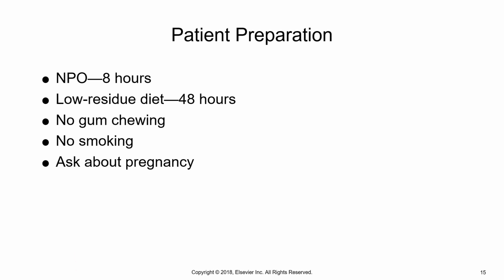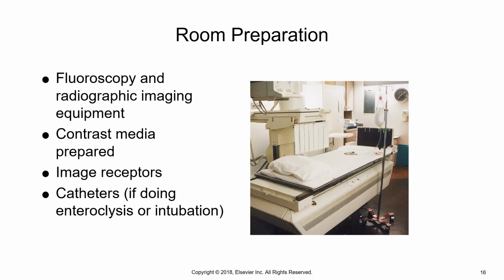A lot of times, depending on what's going on with the mother, that would determine whether we move forward with the exam or not, if there was a possibility of pregnancy. As far as the room preparation, it's pretty similar to any other room prep that we have with a fluoroscopy study. I know this picture has the IV pole with the barium bag, but not counting that because that would be for a barium enema.